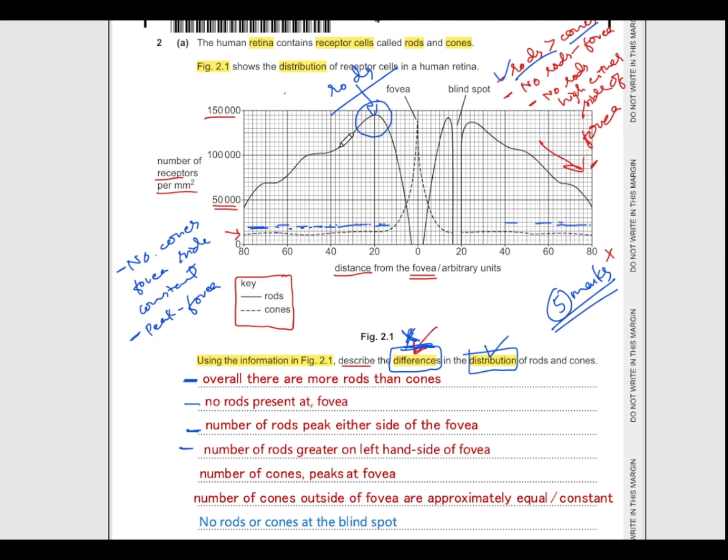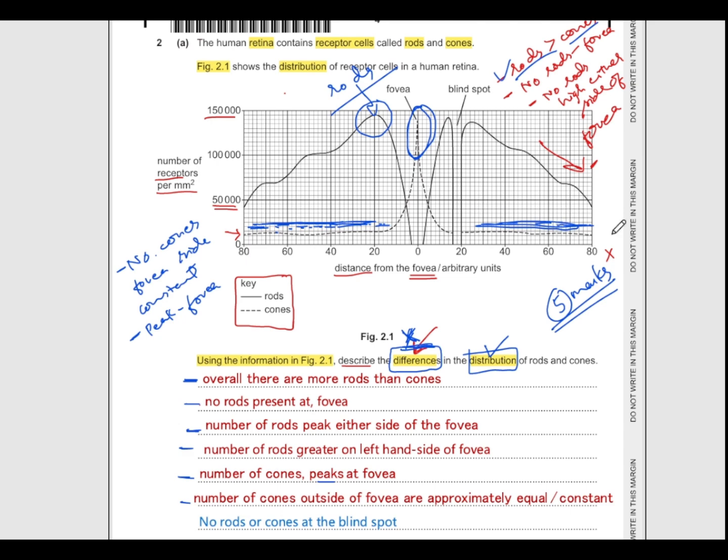So this is also one point you can write about the comparison, that they are greater on the left side. The number of cones peaks at the fovea, which we have written here. See, it peaks. The number of cones outside of the fovea is approximately equal everywhere. This line showing the cones is constant on either side.